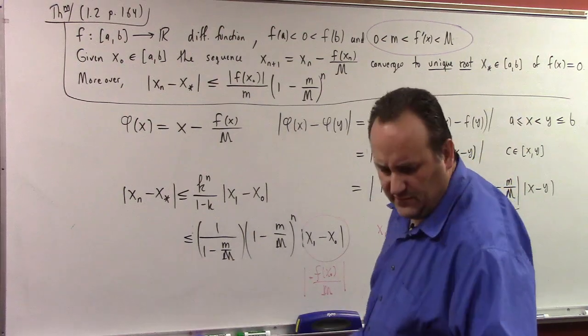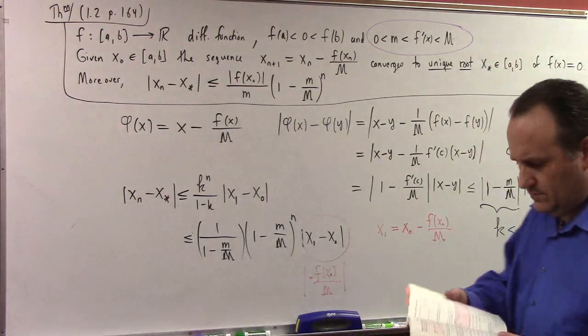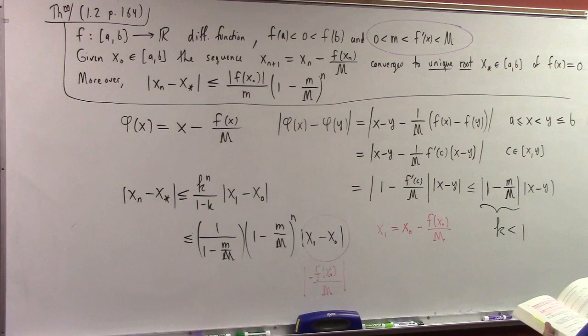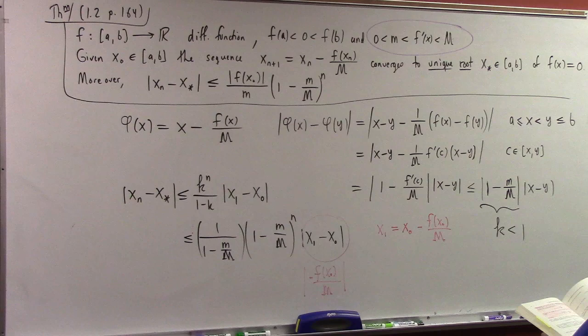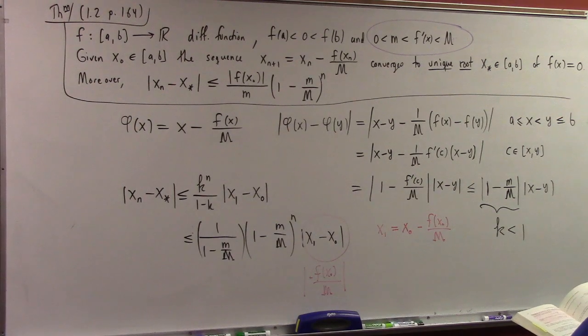Maybe I'm just making a stupid error here. He says K is equal to 1 minus m over M. Yeah, that's what I said. All right.